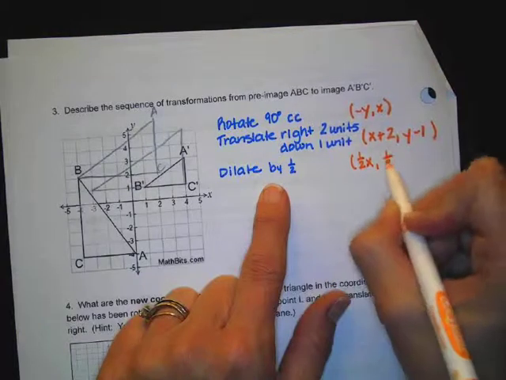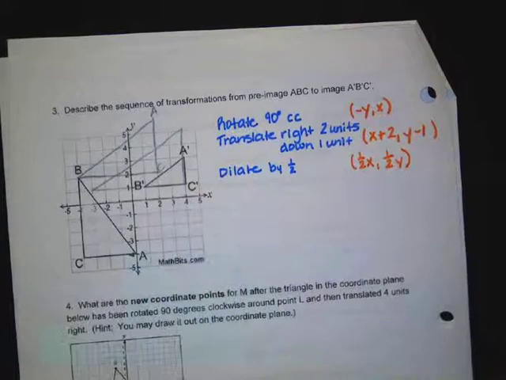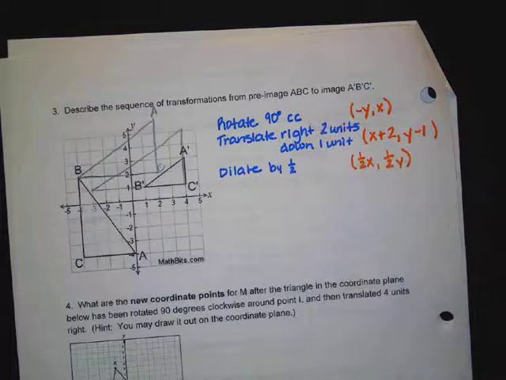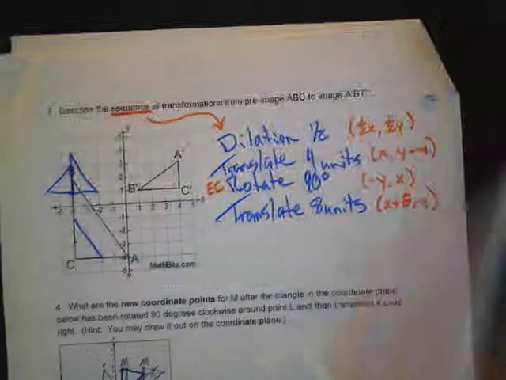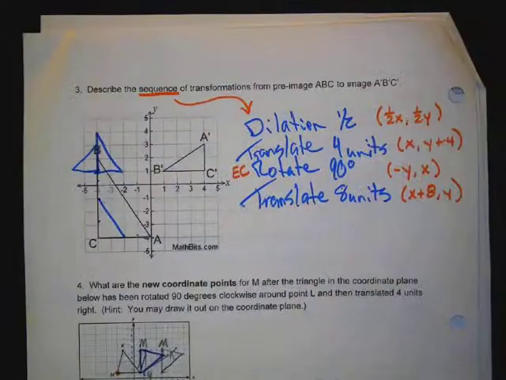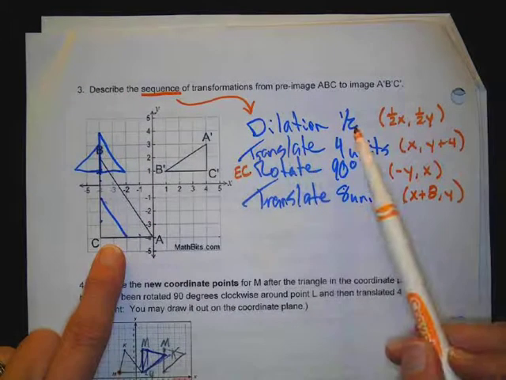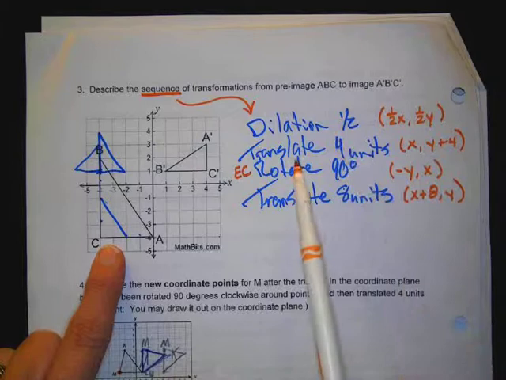Then they rotated it 90 degrees, just like you did, negative y, x. And then they just translated it 8 units over to the right. This one took 4 steps. Yours took technically 3. You had 4, but you used your translations together so we could put them all in one deal. Okay?